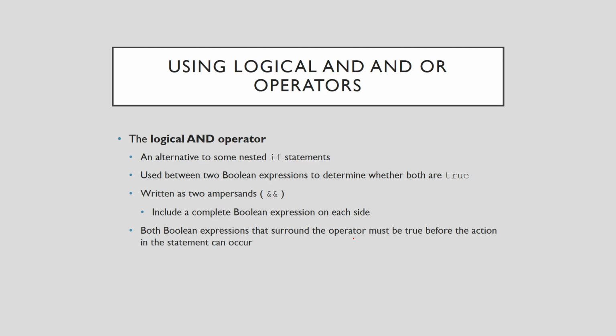Now, you can use the logical and and the logical or operators as part of your logical expression. The logical and operator is an alternative to some nested if statements. You can use the two ampersands for your logical and operator.